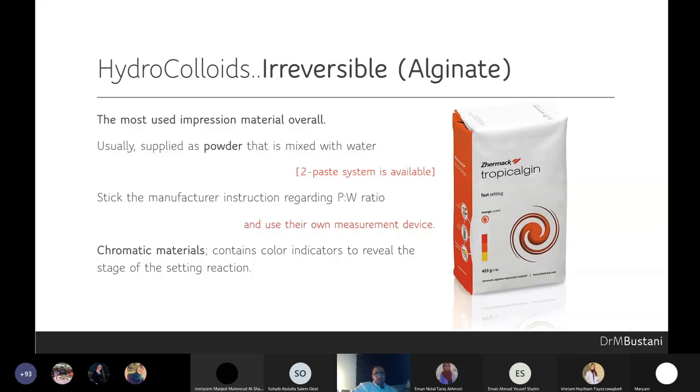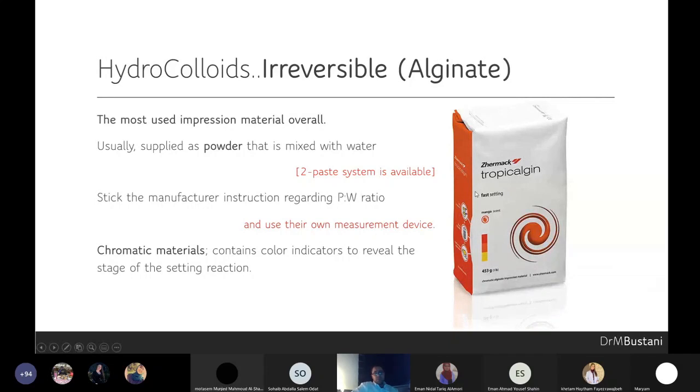In this photo, we can see an example of an alginate material that is called chromatic, meaning that its color changes upon setting. When you mix it, it will be purple or red in this photo, and then when it sets, it will be yellow. Also, you can see that it says here it's a fast setting material.